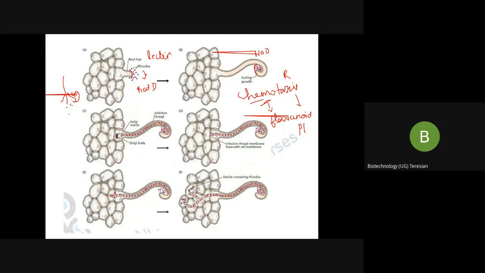The cell wall of the root hair, which you are seeing here, degrades. It goes off in that region, allowing the bacterial cell to get direct access to the plasma membrane. I shall repeat again.